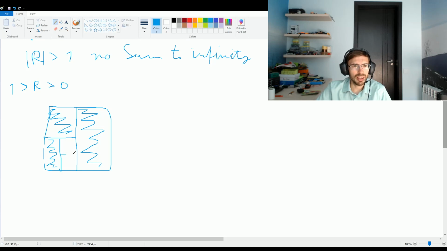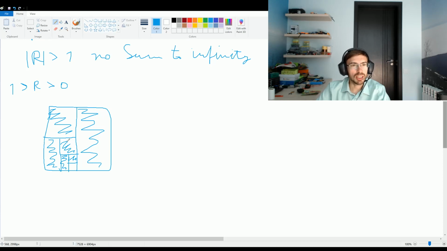Then I'm taking a 16th of the square, and so on. Each next time, I take half of what remains, which means that even if I do it forever, I will never shade the whole square. This is the simple graphical explanation of how it can be.